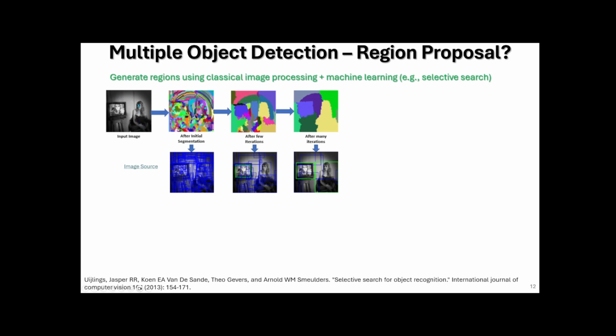So what it does is take this image and use classical image processing to generate tons of segmented regions. This can be based on color, on distance between certain regions, or on edges, for example. Whatever you choose, you basically generate millions of segments from this image. Then if you put a bounding box, it looks like this.